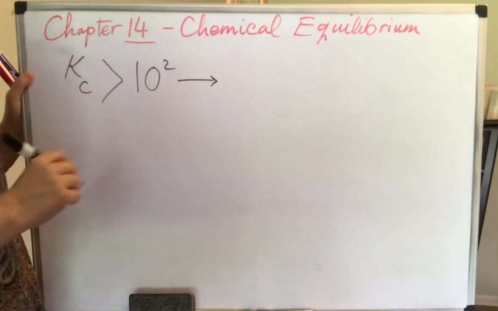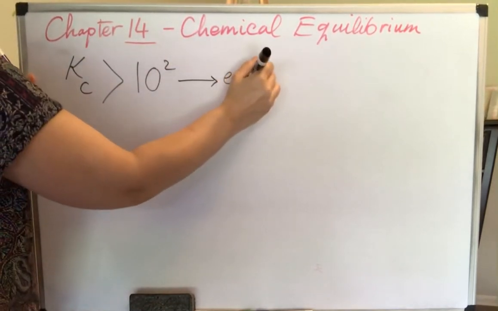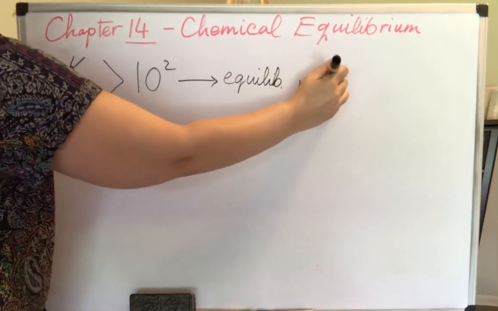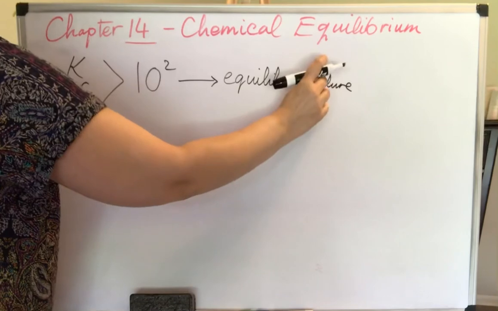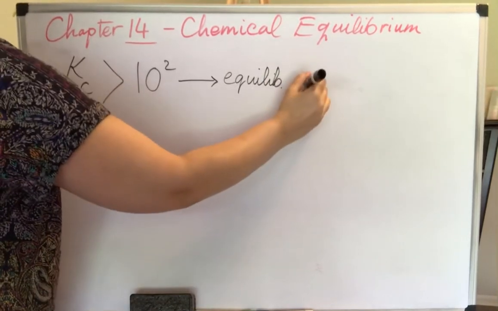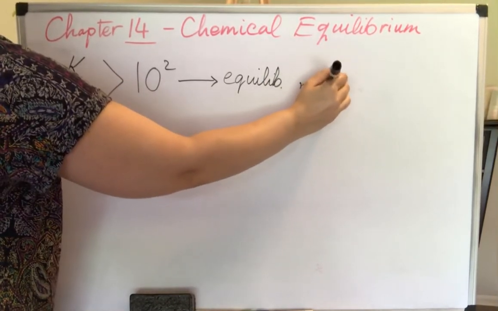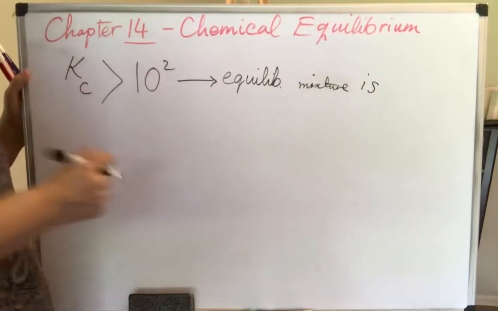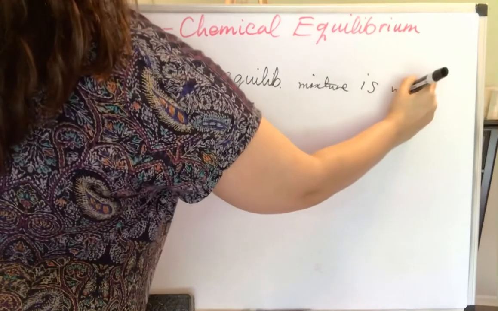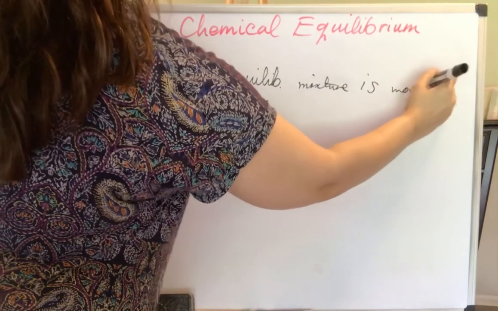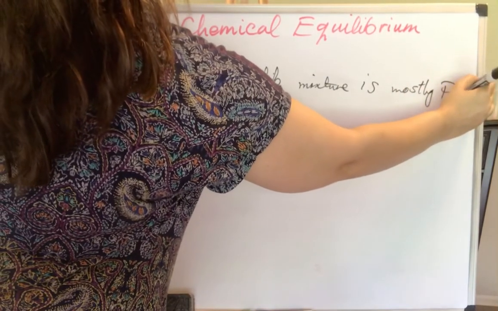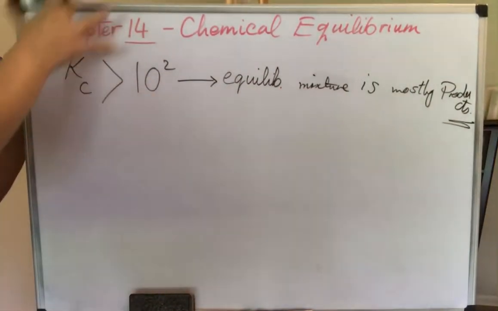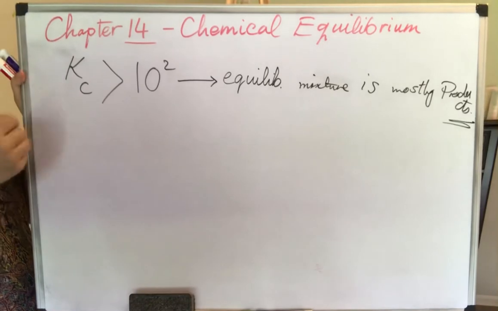So the reaction mixture, or equilibrium mixture, is mostly products when you have a high value for Kc.